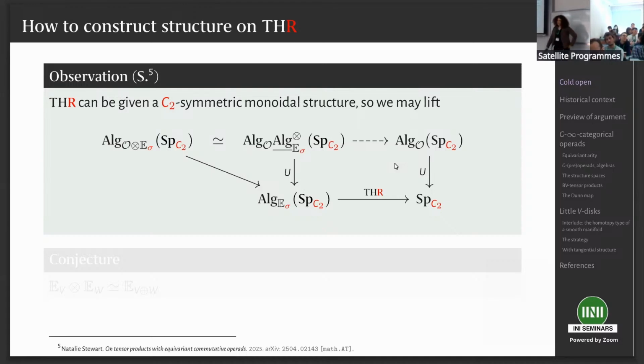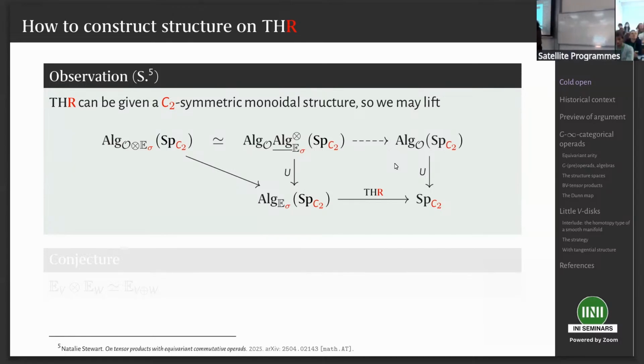THR is the same thing, but you do it in the circle with a C2 action by a flip. You consider it as the one-point compactification of the sign representation. And an E sigma structure allows you to glue them together. And I claim that falls into this general pattern of factorization homology. And you can always give that thing a G-symmetric monoidal structure. In particular, you get a lift like this.